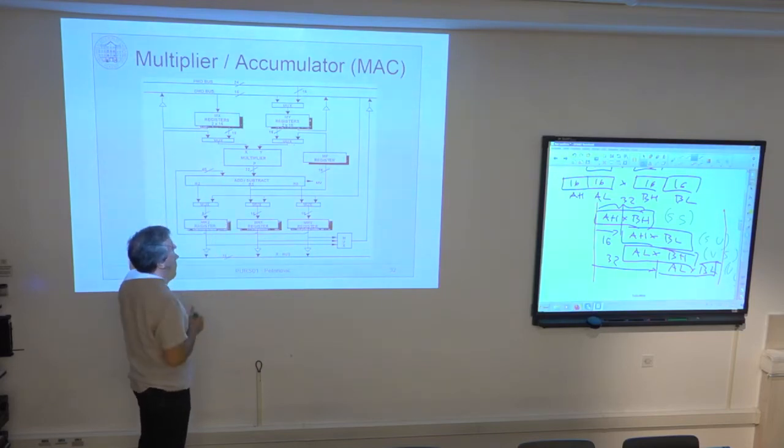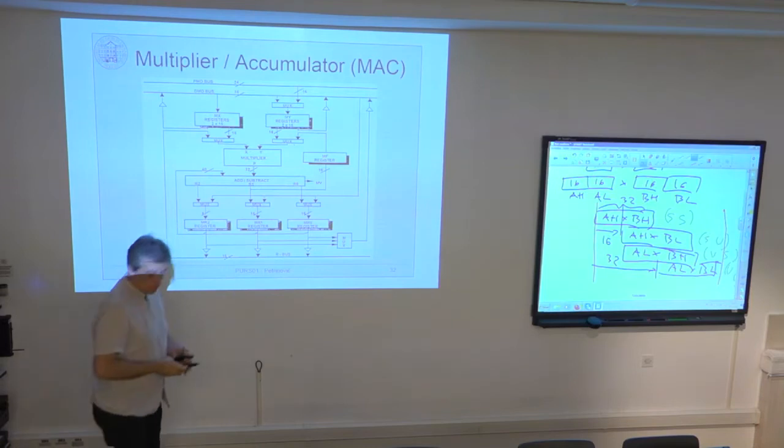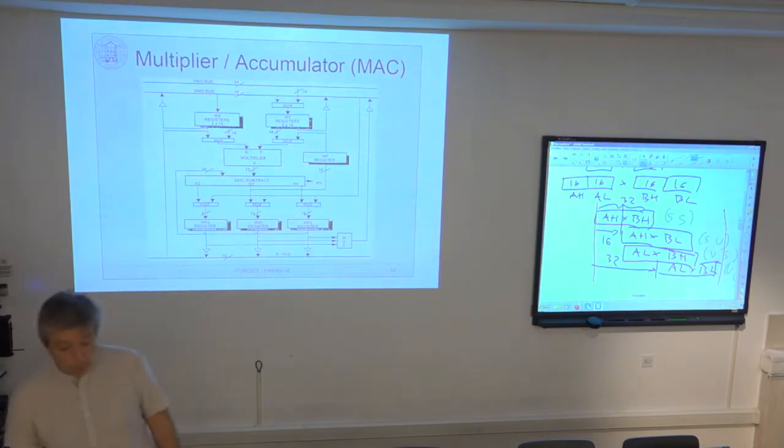So once I have this 32-bit wide result, I pass it through a special unit that is an adder or subtractor. The idea is this 32-bit value can be either added to the 40-bit result or subtracted from the 40-bit result.